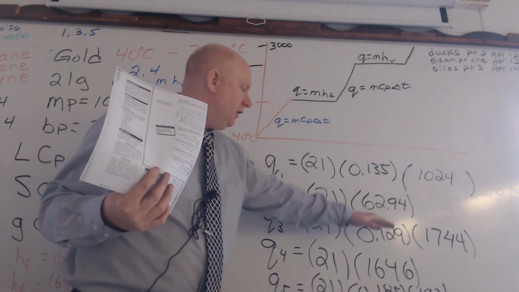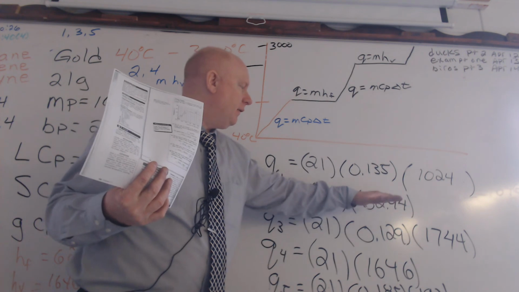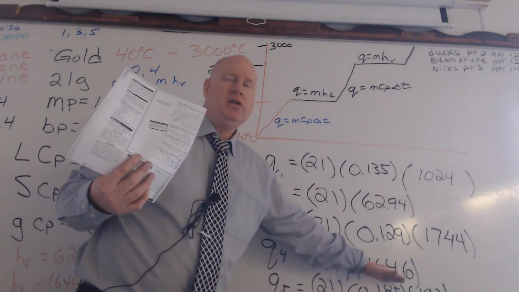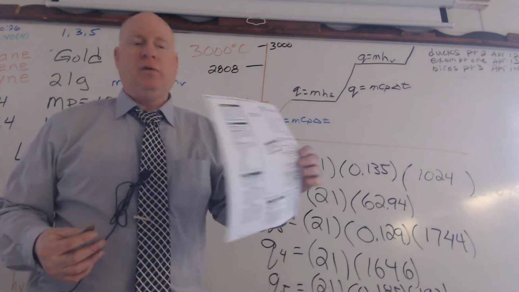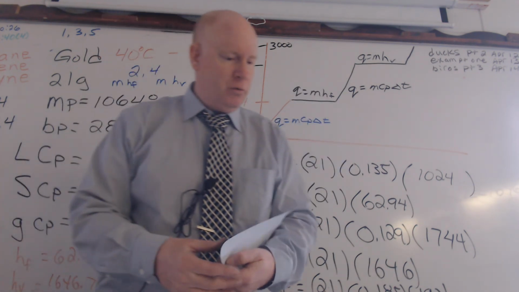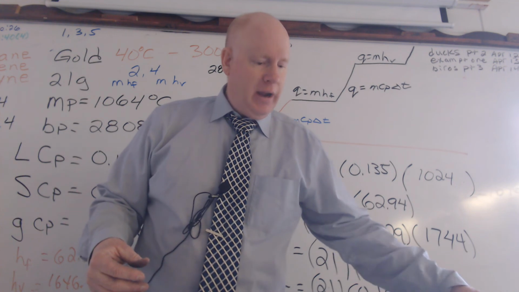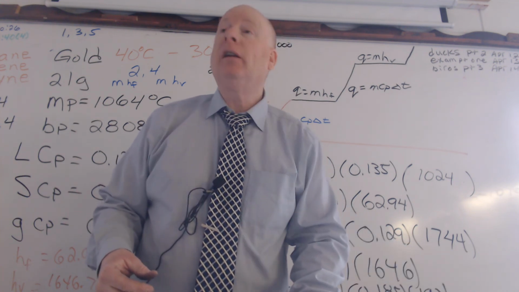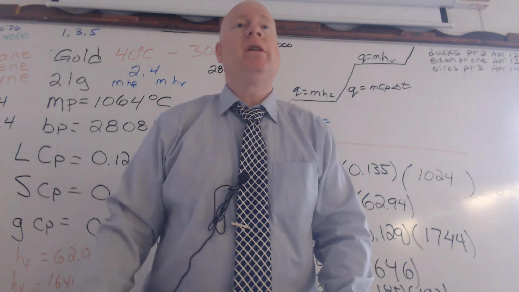Then it also gives you the heat of fusion in joules per gram and the heat of vaporization in joules per gram. Okay? So again, just use this as a roadmap. Then go ahead and pick one problem and we can work on that together.